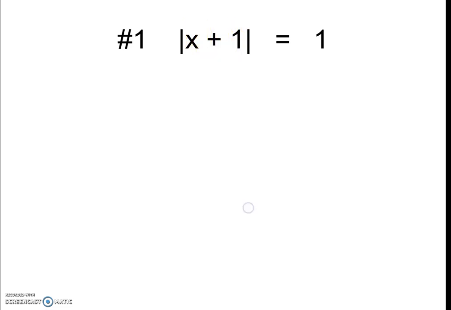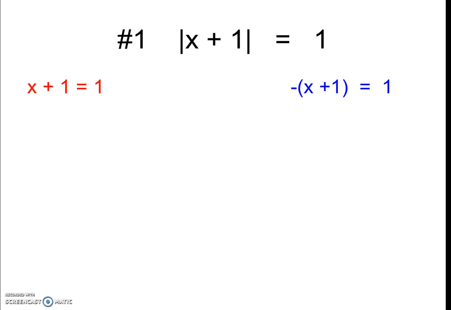All right, so what are we going to do with that? Well, we're going to have to make two equations because we have two answers. Now, one of ours was positive and one of them was negative. So we're going to need to make two equations, one positive and one negative. Well, here's our positive one, and that's okay. It looks just like the one that we already have, x plus 1 equals 1.